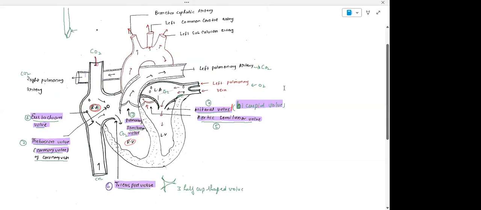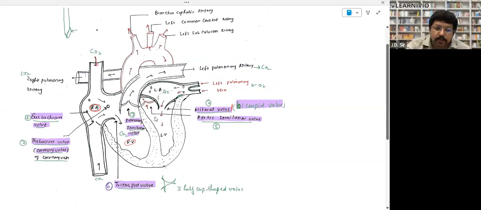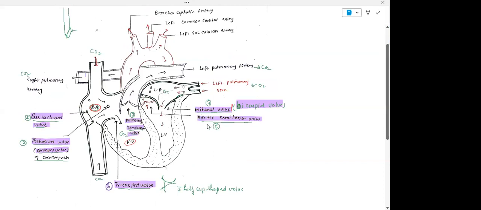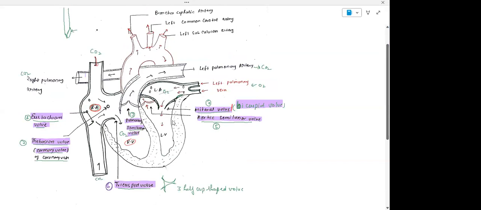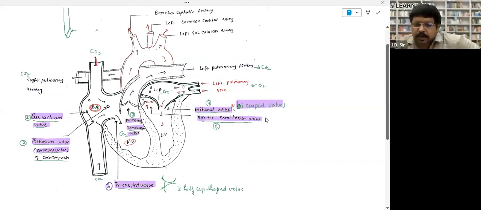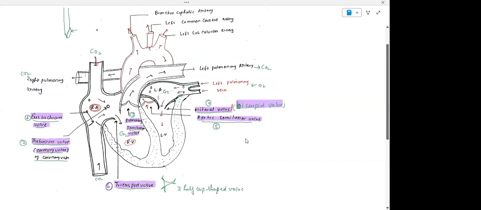Sir, can you explain about the valve above? The aortic semilunar valve? No, sir, the valve in the right atrium.